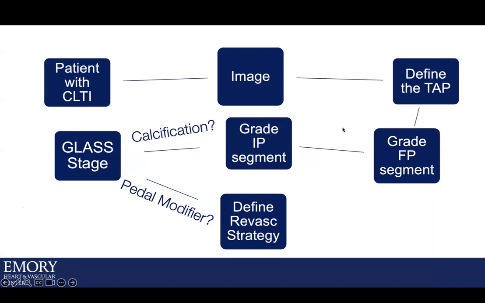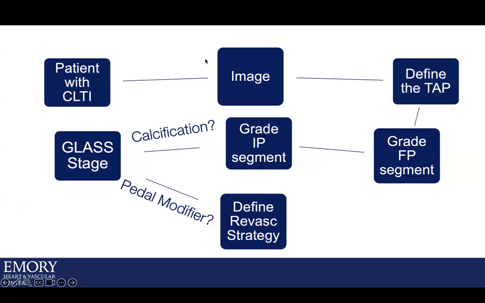If you have a patient with CLTI, obtain good angiographic images. And we've talked about the limitations of CT and MRI. Once we have images, we can define the target artery path. We can define which vessels we should be working on.